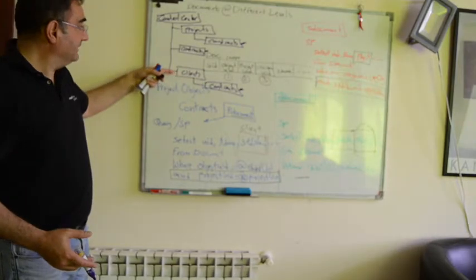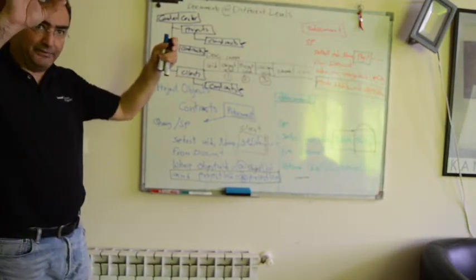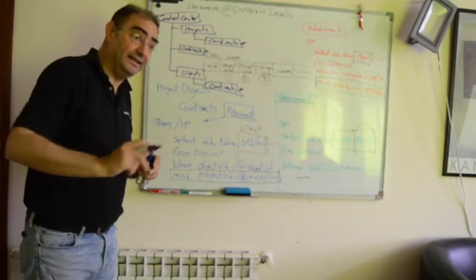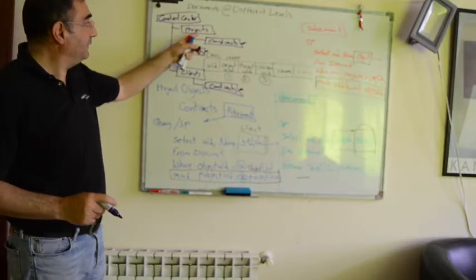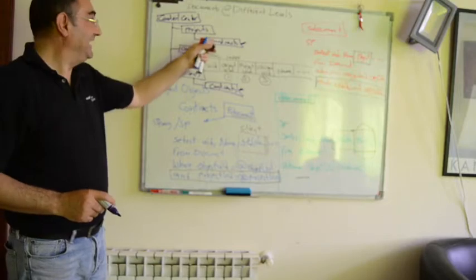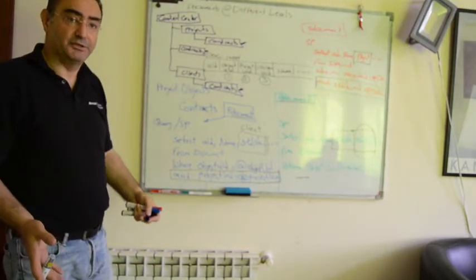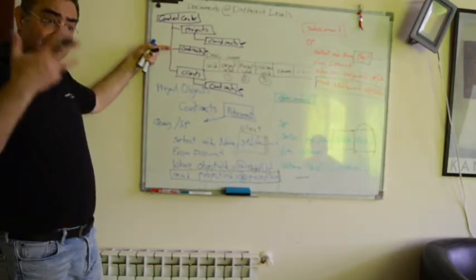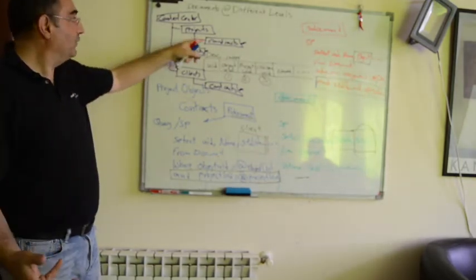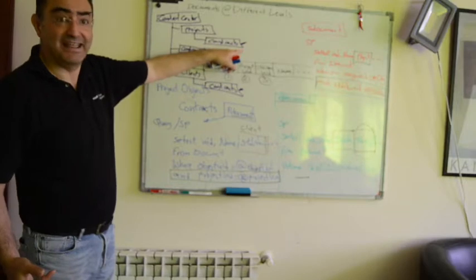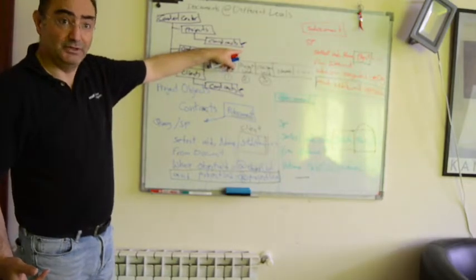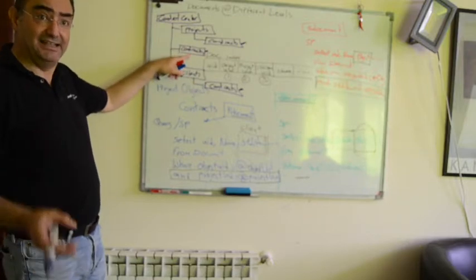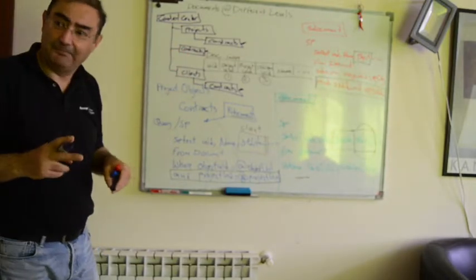Means here I can position myself on a client, and when I expand I see the contracts of this client. Here I can position myself on a project and I see the contracts for this project. Here I see the contracts of all projects, all clients. When I go here, I see the client as an attribute. When I go here, I see the project as an attribute. When I go here, I see both the project and the client as an attribute.